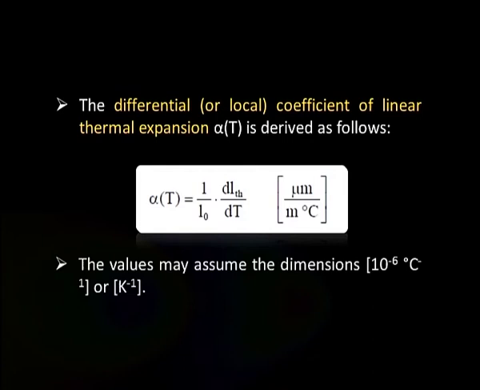The values may assume the dimensions 10 raised to the power minus 6 per degree Celsius, or this may be in Kelvin. Then comes glass transition temperature.